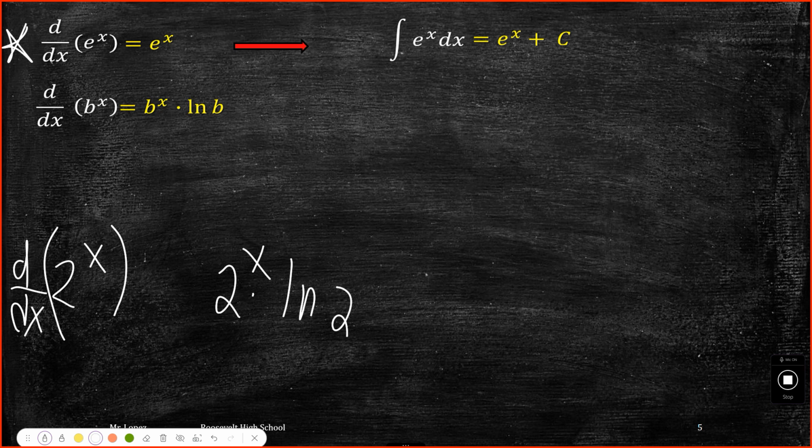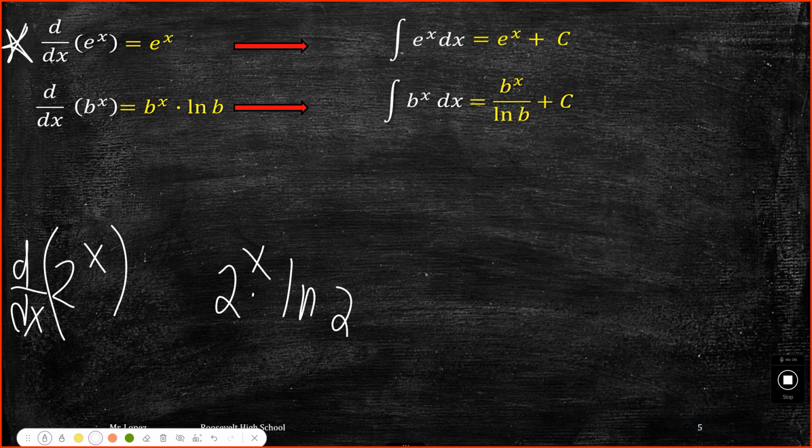All right. So if that's the derivative, the integral should be, instead of multiplying, dividing. So what's the integral of b to the x? I don't think I got this one quite right. Well, hold on here, yes.